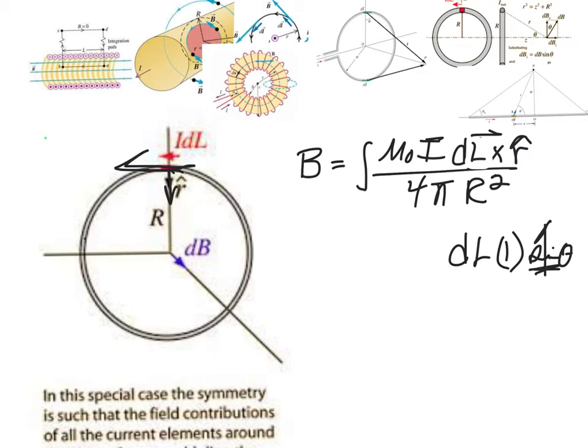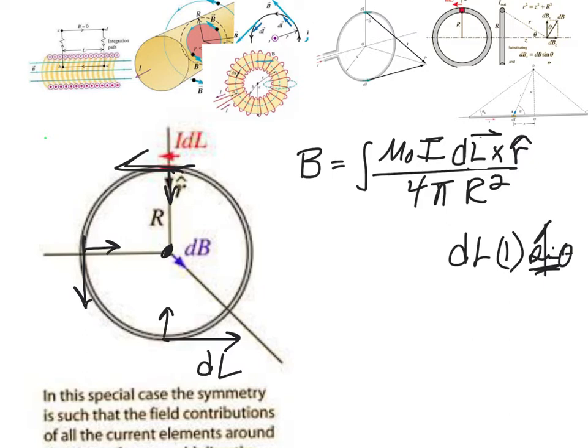Now if we take a dl here, the r hat points toward the center, it's still perpendicular. And if we take a dl down here, the r hat points toward the center and is perpendicular. So you see every dl along the circle, since we're finding the field at the center of the circle, is going to be perpendicular.